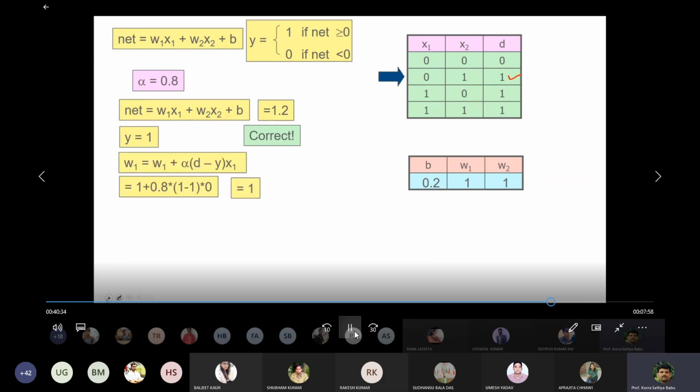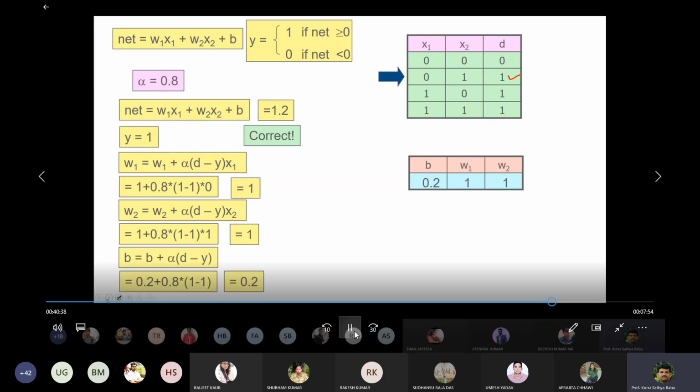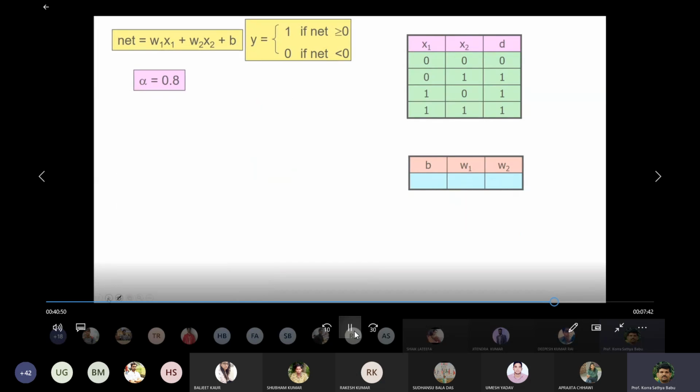Now, correct. Then you do the weights updation, and then the bias updation 0.2. So yes, 0.2, 1 and 1. It means that this value should remain like this. Bias should remain the same, no issue. Now go for the next row.